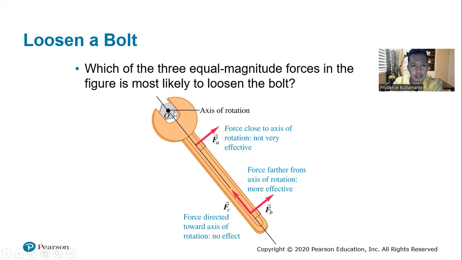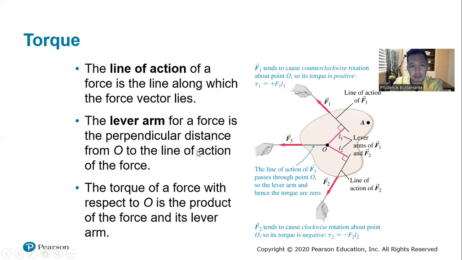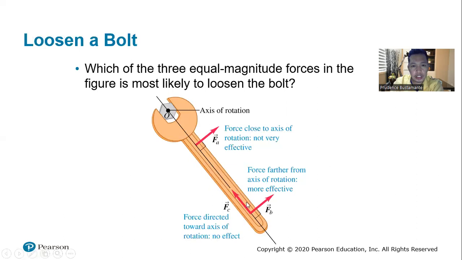This is the axis of rotation of the bolt. If you apply the force in this direction, you can see it is not really effective, compared to FB, which is farther from the axis of rotation, at a greater distance, and is more effective.